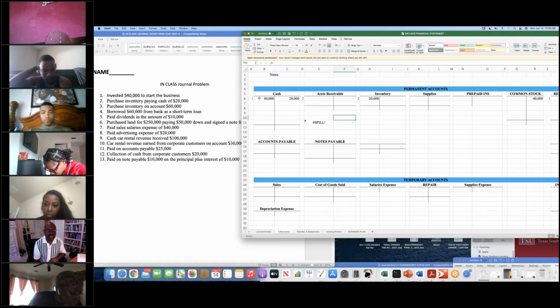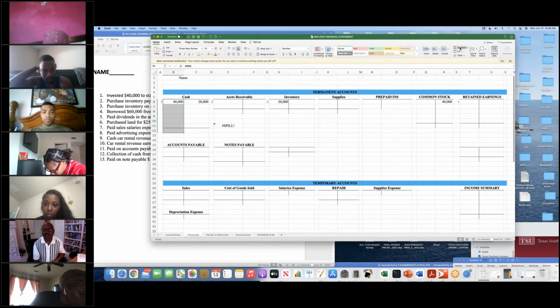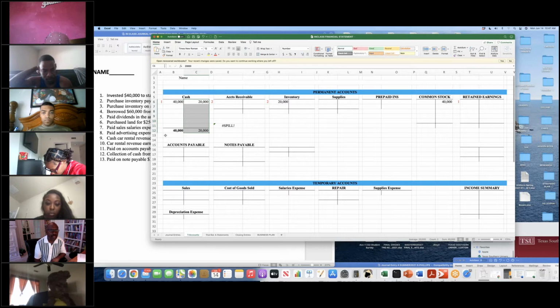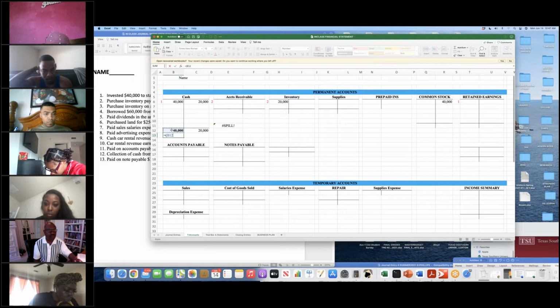Okay, so let's see if we can auto sum now. So we're going to go here and auto sum. Auto sum here. Then we'll put in our formula: equal, parentheses, minus.